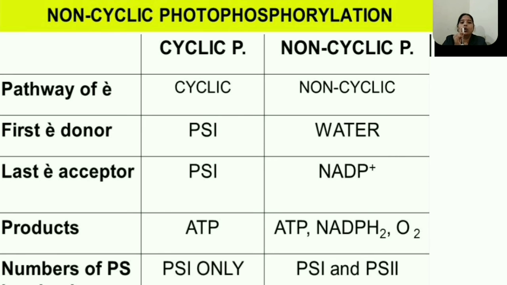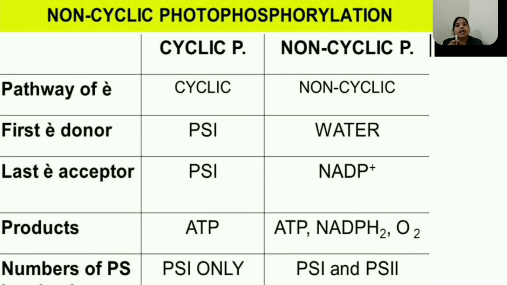In cyclic, no photolysis of water takes place, but in non-cyclic it does. The first acceptor is FRS in cyclic, but in non-cyclic the first acceptor is CoQ, coenzyme Q. In cyclic, only one electron is released, but in non-cyclic, four electrons are released.